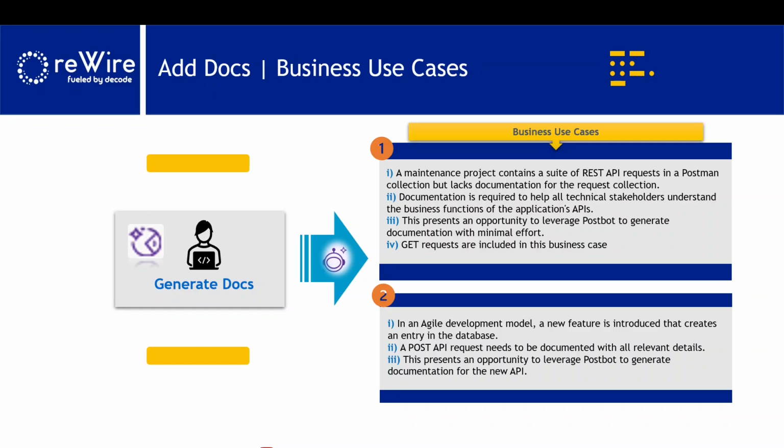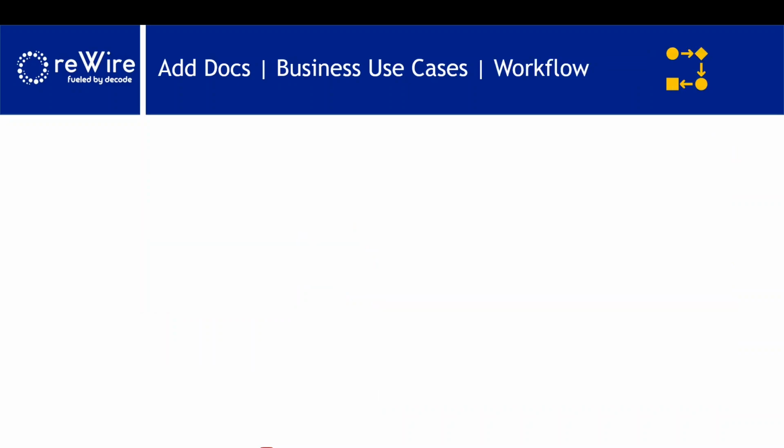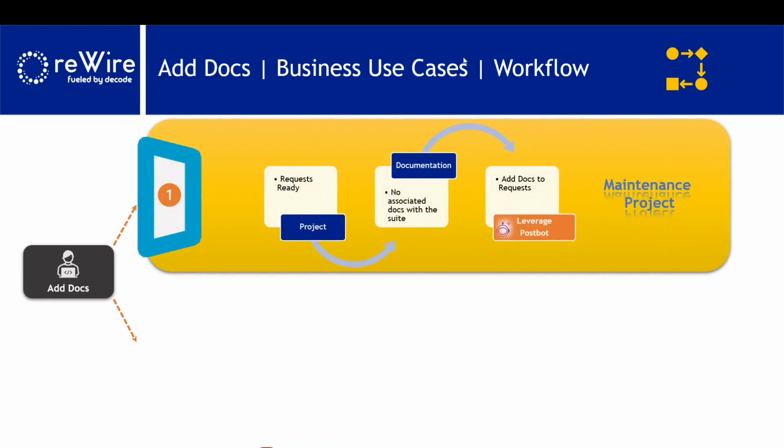I'll explain the use case workflow so that basic users can easily understand what I'm talking about. The first case workflow is: you have one project where requests are already available, and a demand is created for the documentation, but it is discovered that no associated docs exist with the suite.